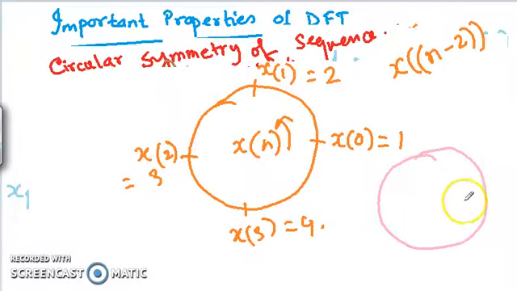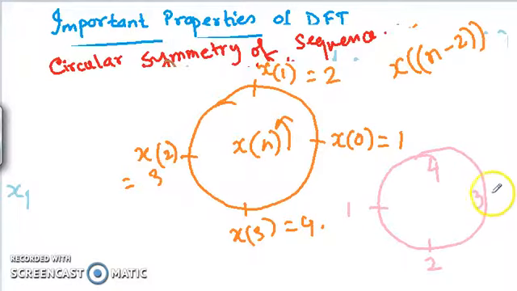So what is going to happen now? 1 will come here, 2 will come here, 3 will come here, and 4 will come here.